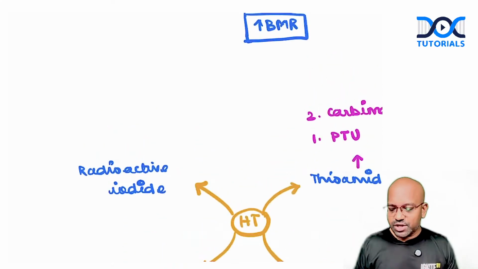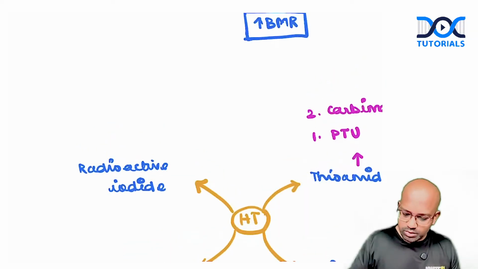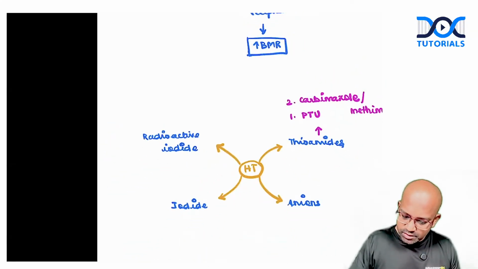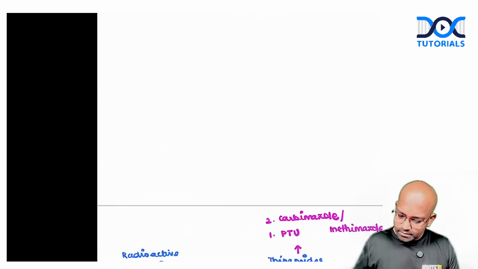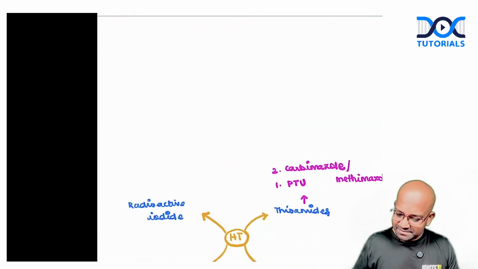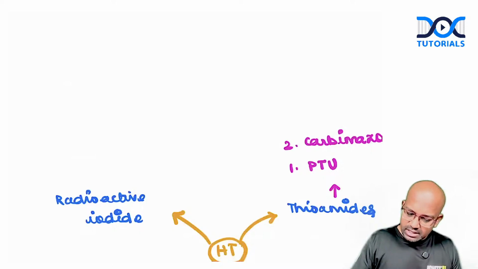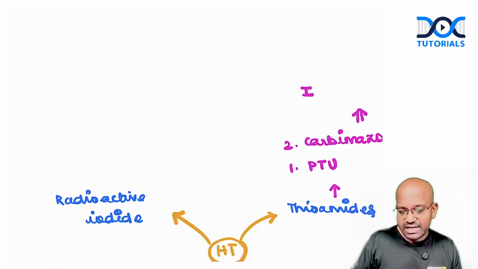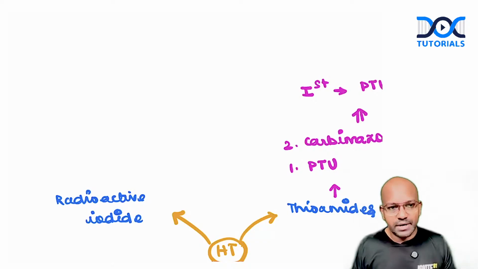What are the points you have to remember regarding carbimazole and propylthiouracil? Please note down that if a patient is in the first trimester of pregnancy, propylthiouracil is the only drug which can be safely administered.